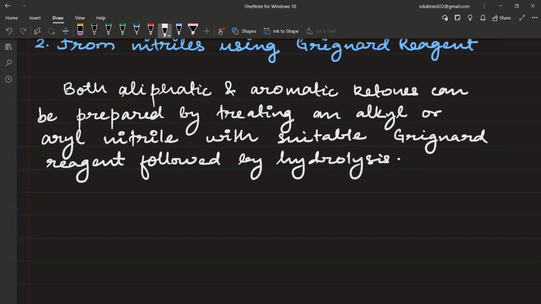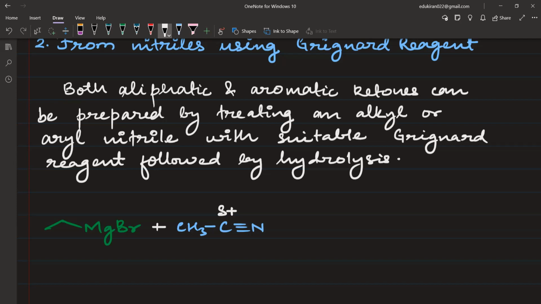So see, in this reaction, I start with the Grignard reagent, CH3CH2MgBr, and we take a nitrile, CH3C triple bond N. Now this N is more electronegative, that is why it is going to pull the electron from the carbon atom, making this carbon delta positive.